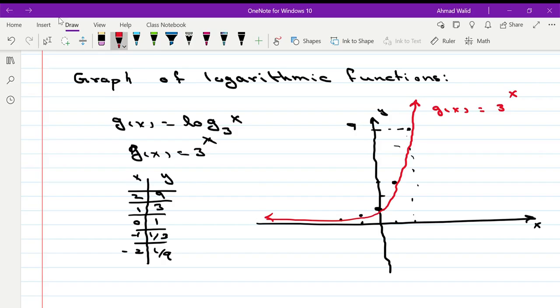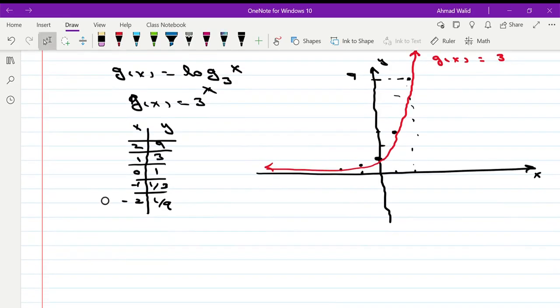Now, remember, the day that we discussed the graph of a function and its inverse, I told you every time that you want to graph the inverse of a function, the domain becomes range and the range becomes the domain. It means your y becomes x and your x becomes y for your inverse function, correct? It means if I want to graph here, for example, in blue color, the inverse of this function, I will just flip x as a y and y as a x, correct?